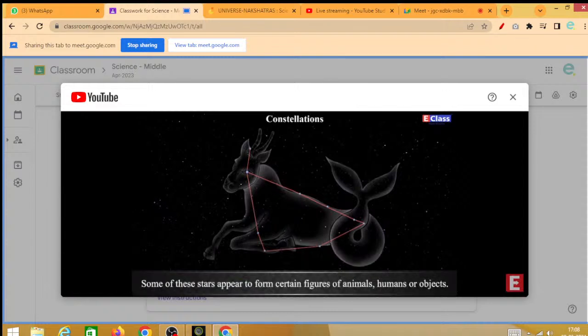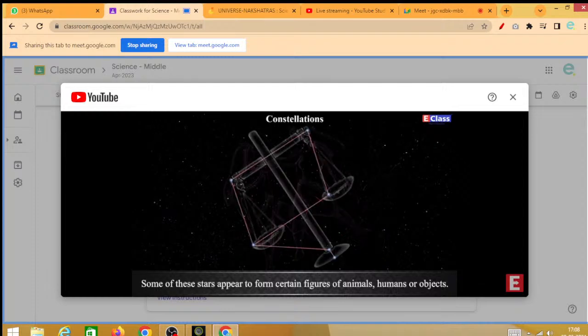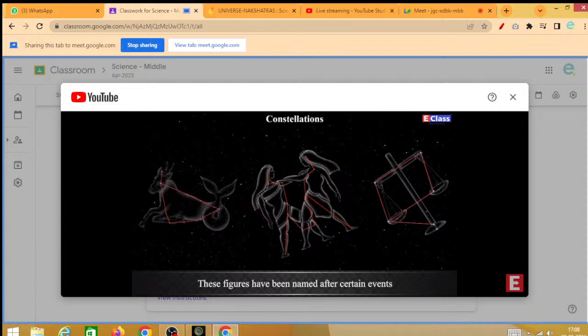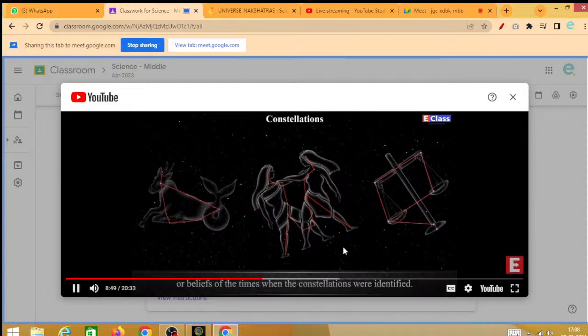So constellation. A group of stars of the celestial sphere is called a constellation. These stars appear to form certain figures of animals, humans, or objects. These figures have been named after certain events or beliefs of the times when the constellations were identified.